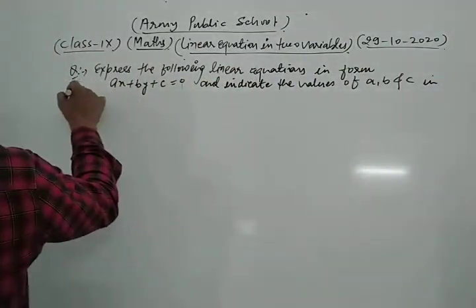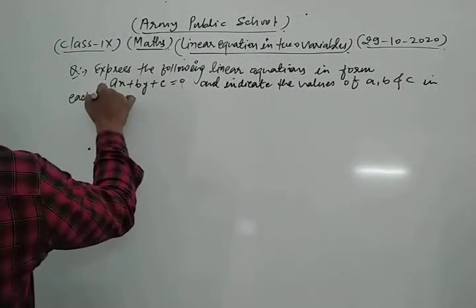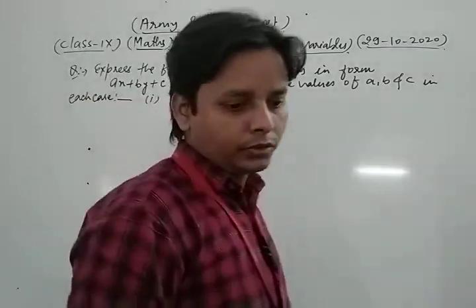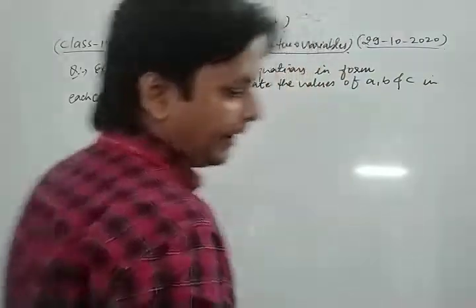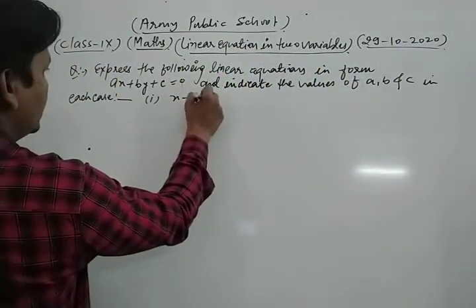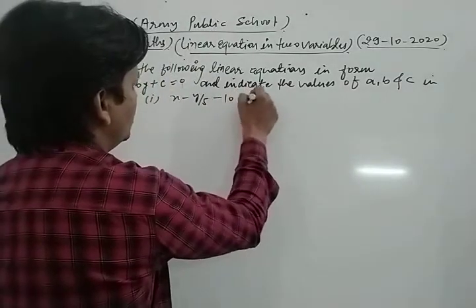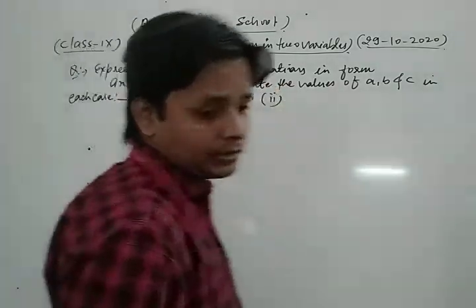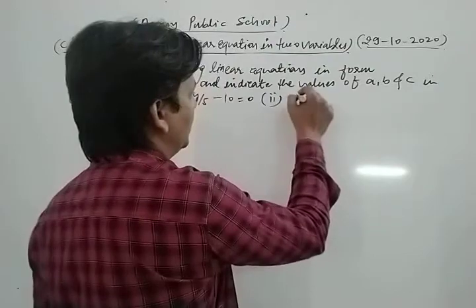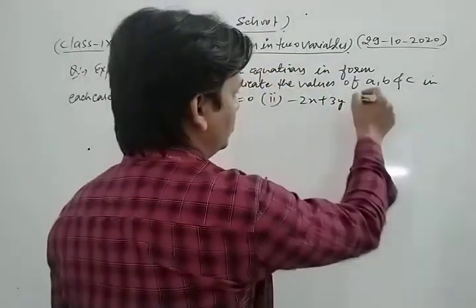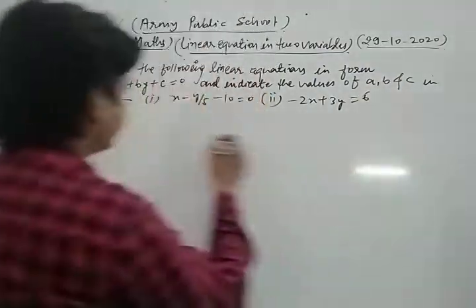Your first linear equation is x minus y by 5 minus 10 is equal to 0. Second is minus 2x plus 3y is equal to 6.